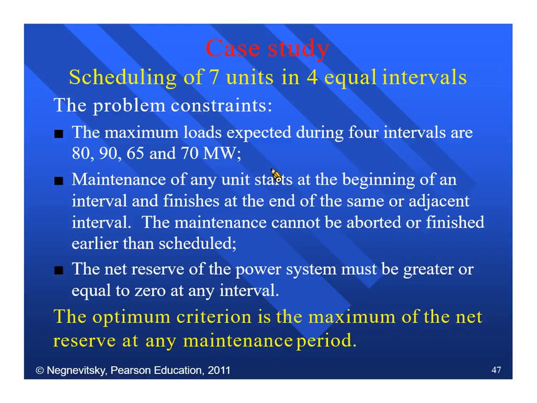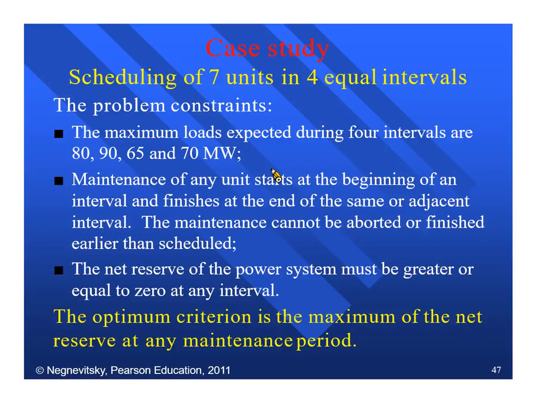Maintenance of any unit starts at the beginning of an interval and finishes at the end of the same or an adjacent interval. The maintenance cannot be aborted or finished earlier than scheduled. The net reserve of the power system must be greater than or equal to 0 at any interval.